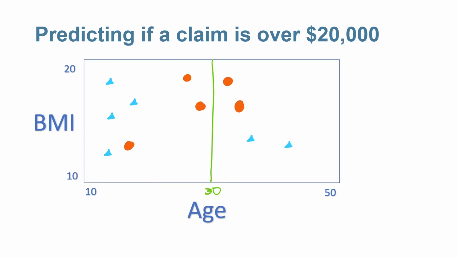You could do the same thing at age 30. You could also ask a follow-up question. For people under age 20, or for people over the age of 20, is their BMI over 15? If yes, you say that those are all small claims, the red circles.